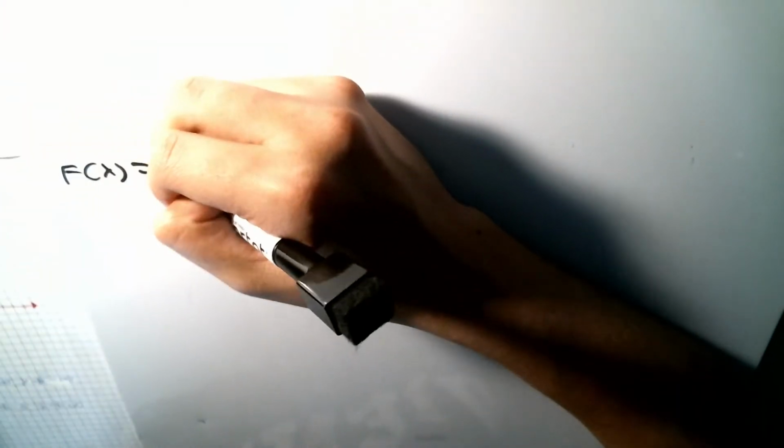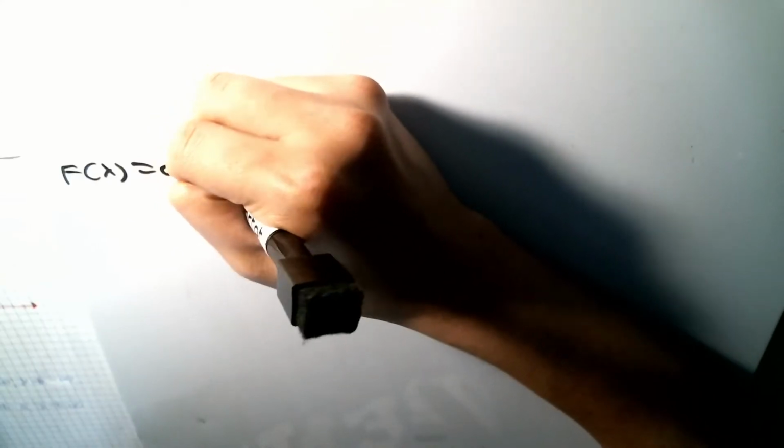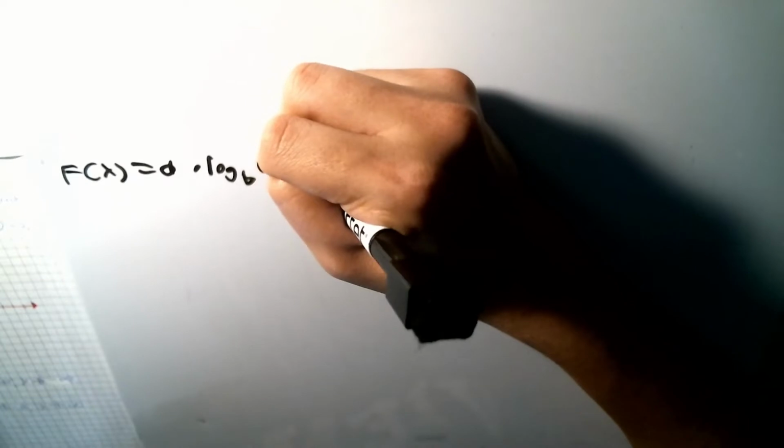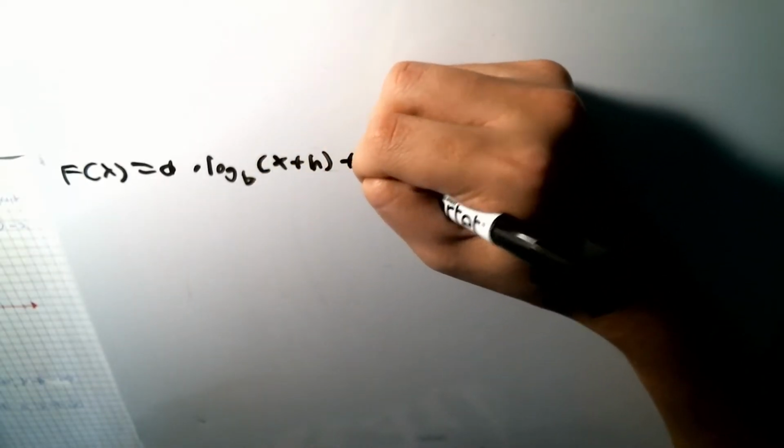Hey, we are going to graph this logarithmic equation. Okay, I have not written it. This is a logarithmic equation: f of x equals a multiplied by logarithm b of x plus h, plus k.